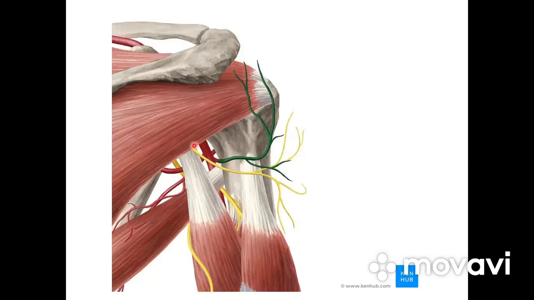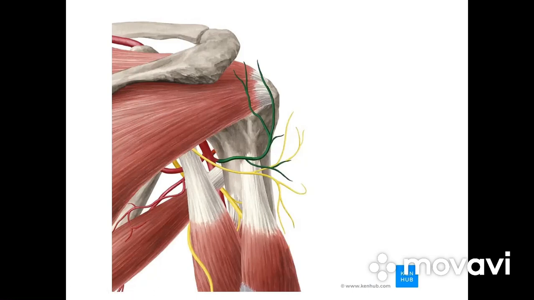goes through the quadrangular foramen. This is between the teres minor muscle, teres major muscle, the long head of triceps brachii, and the surgical neck of the humerus bone. The artery goes around the surgical neck of the humerus bone and makes an anastomosis with the anterior circumflex humeral artery, which is the last branch from the axillary artery.